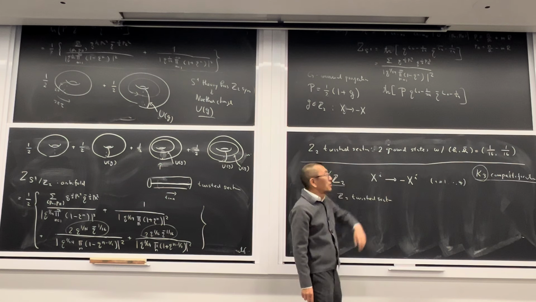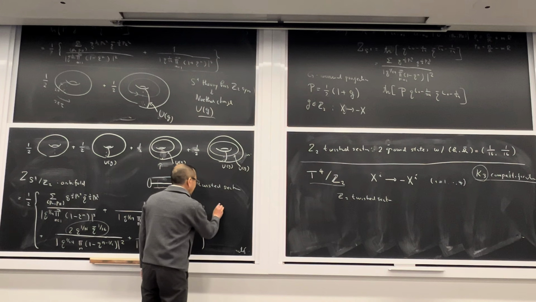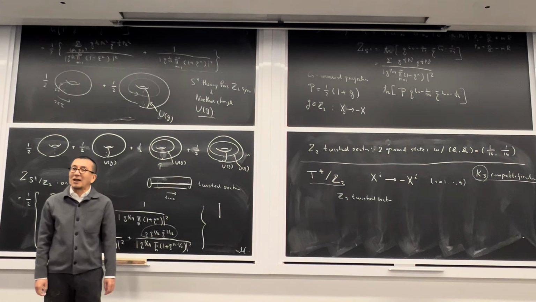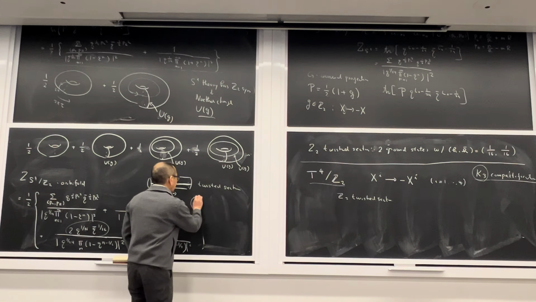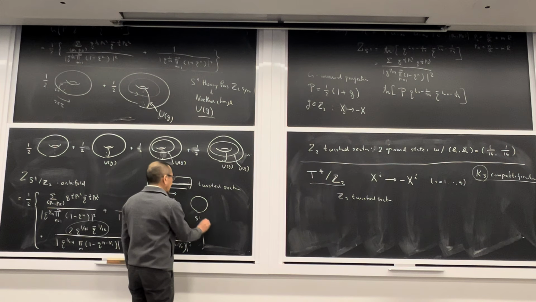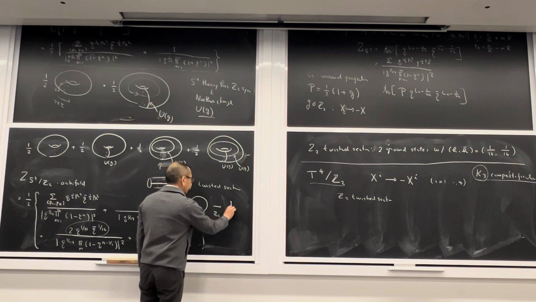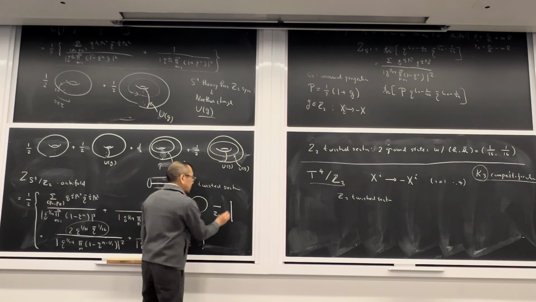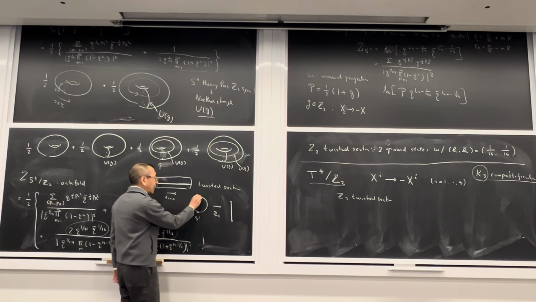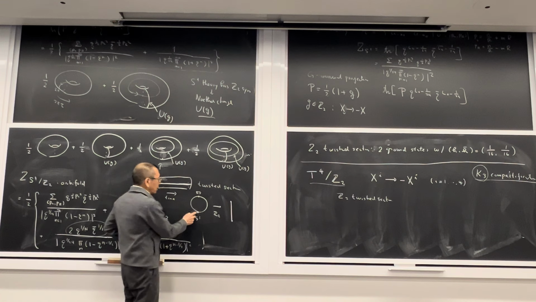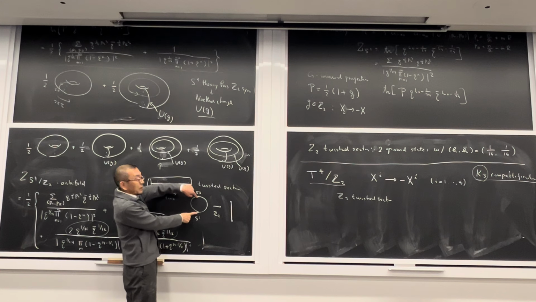The reason that you have 2 ground states in this Z2 orbifold case is related to the fact that there are two fixed points in the Z2 action. So remember that we started out with a circle, which is S1, but then the Z2 action turns it into a line segment. Okay? And the endpoints of the line segment were 0 and pi r. And the special thing about these endpoints was that these are the points that were invariant under the Z2 action.